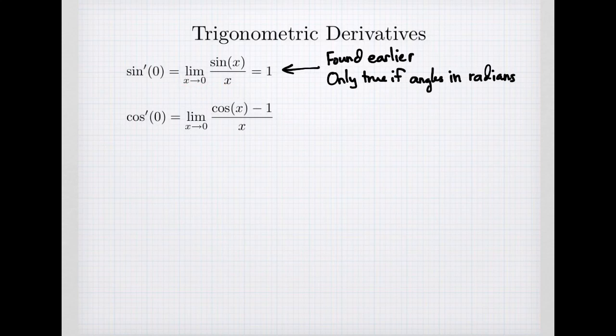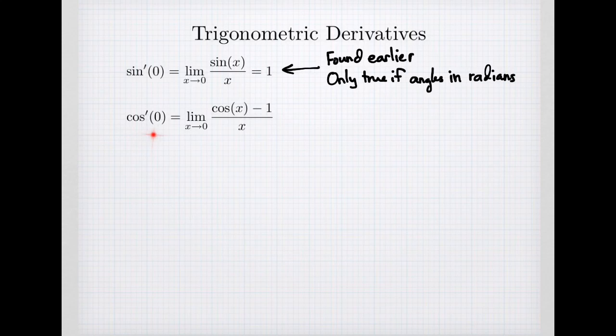And we did that for any angle, but we found that only if we measure our angles in radians do I get the number 1. If I use degrees, we get some sort of factor like 2 pi over 360. So we get different answers if we use different measurements. We want to get the number 1, and we get that by measuring all of our angles in radians.